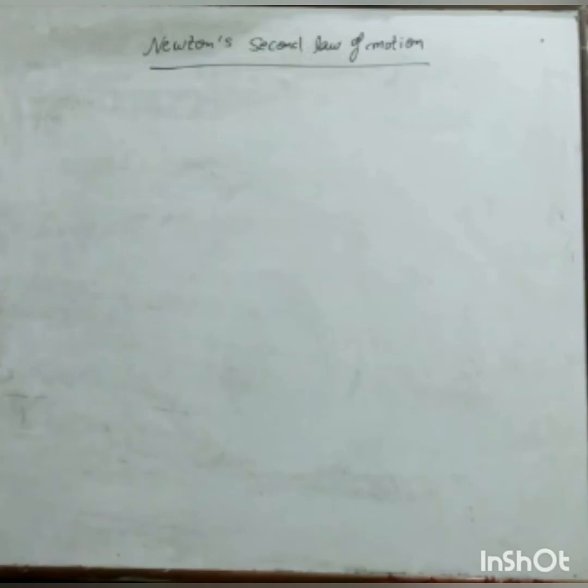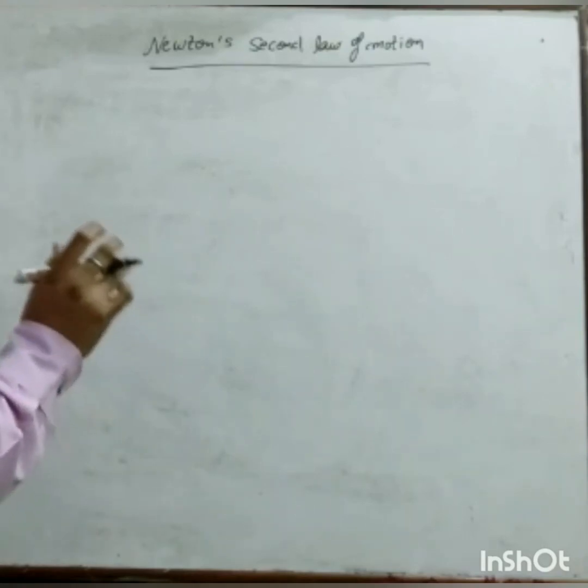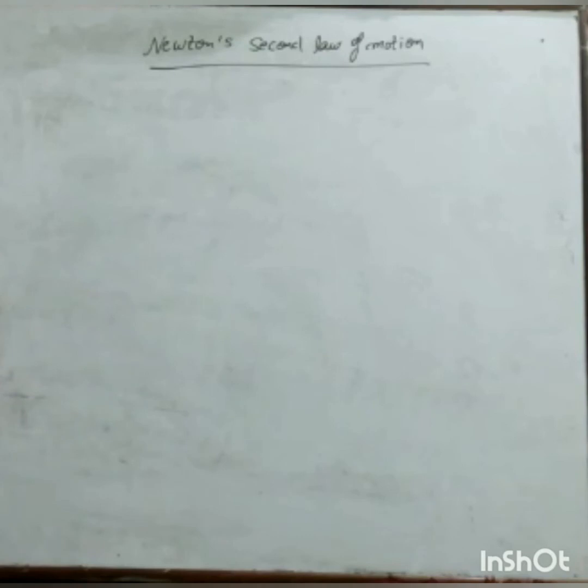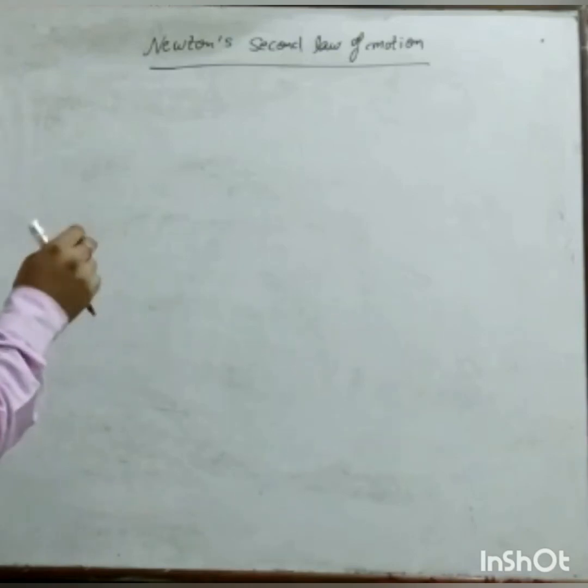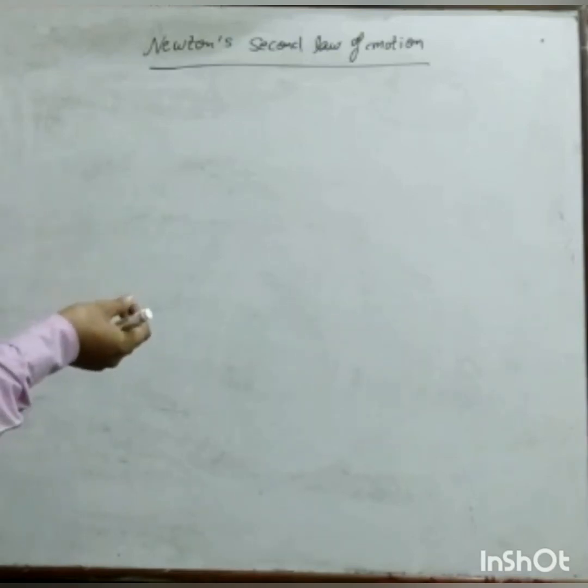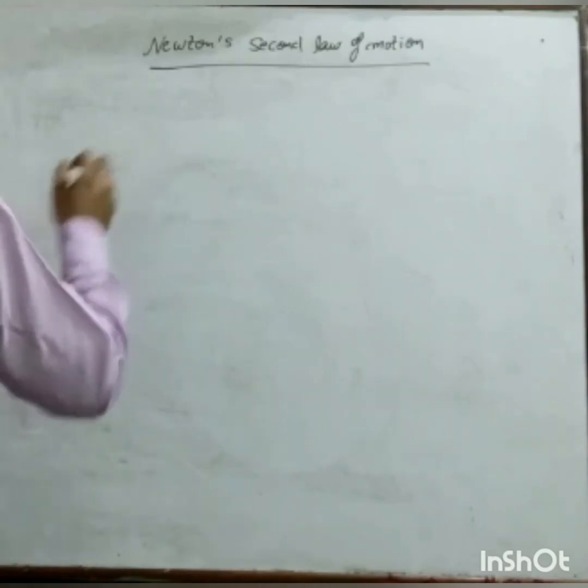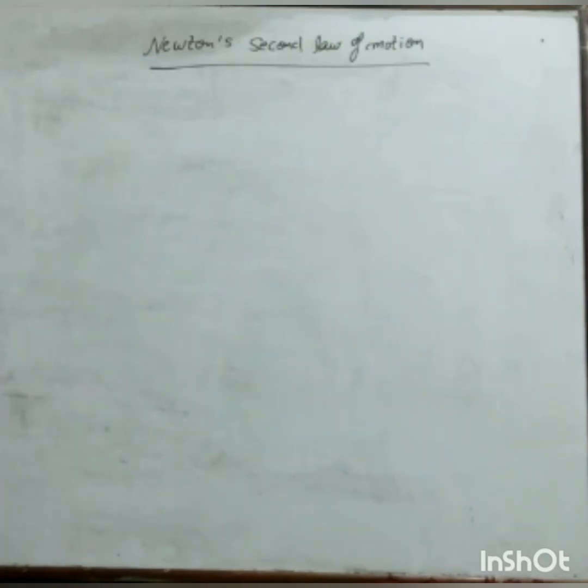How? Firstly, when a force is applied on a body, it produces acceleration in the body due to which the velocity and hence the momentum of the body changes. So, the rate of change of momentum is equal to the product of mass and acceleration. And in Newton's second law of motion, F is equal to ma.